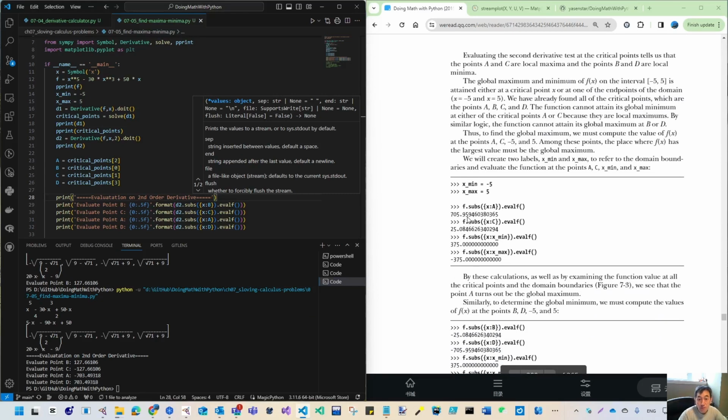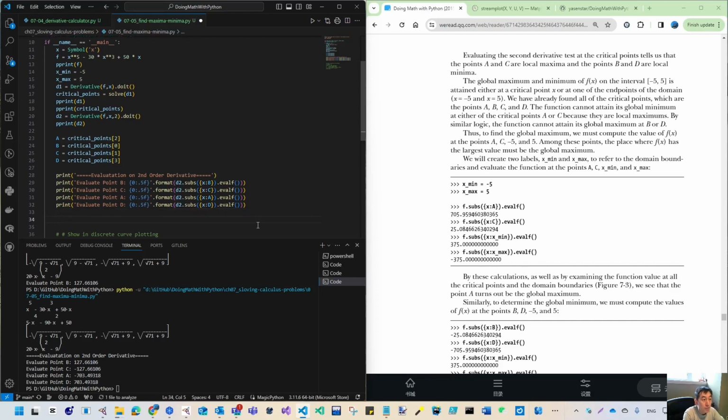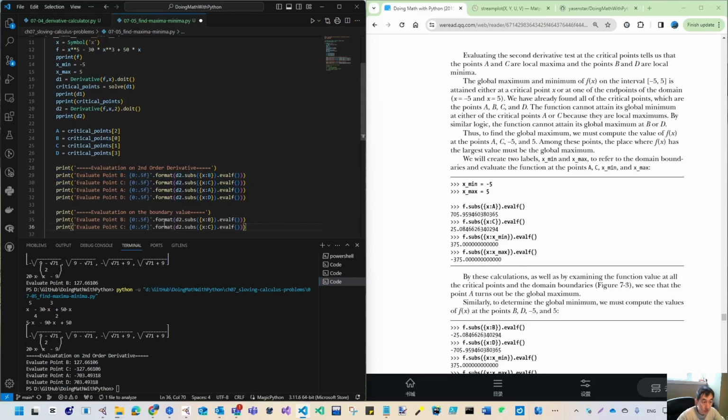And then what we will do is use this x range. We also will evaluate the boundary values. So the boundary evaluation, and what we will do is copy this and apply it over here.